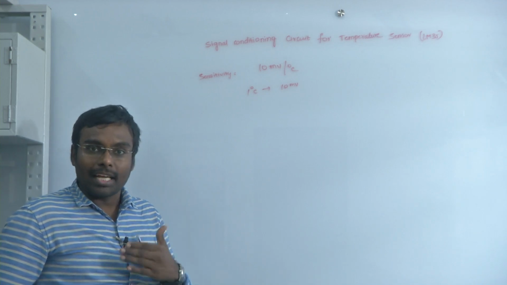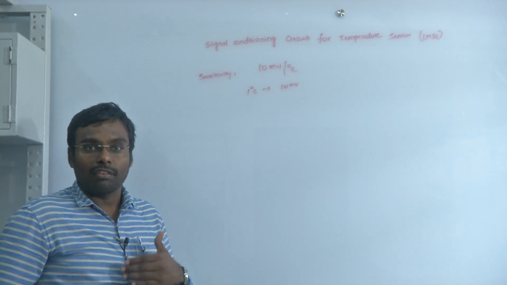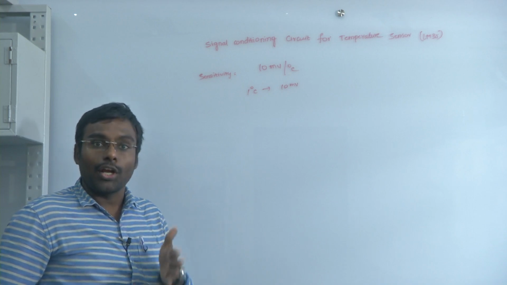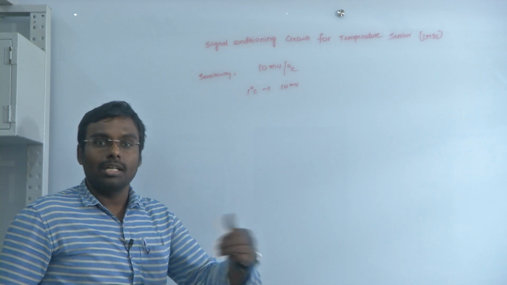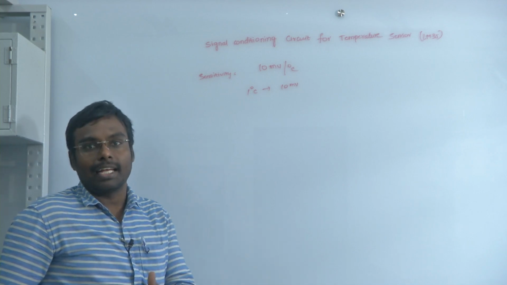The main intention of the signal conditioning circuit is to meet the requirements of the next stage after the temperature sensor, which is our ADC circuit.